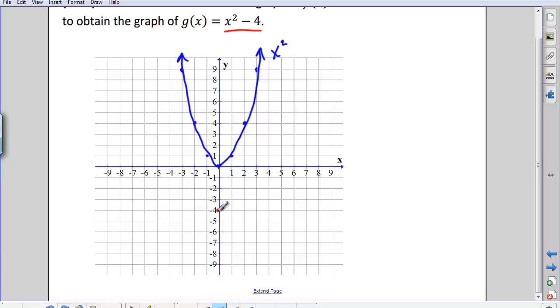So I can just move all these points down 1, 2, 3, 4 units. It's just kind of a mirror image, just like this. And so that is x squared minus 4. Just moving that graph down 4 units is all we're doing. That's a vertical shift down 4 units.